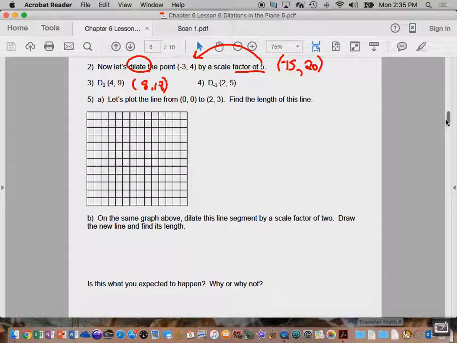Good. What about if I do number 4? Dilate by a scale factor of -3, the point (2, 5). -6, comma, -15. All I do is -3 times 2 is -6. -3 times 5 is -15. So as soon as it says dilate, I multiply.